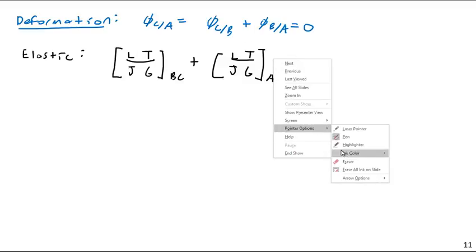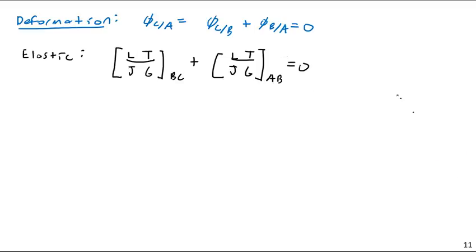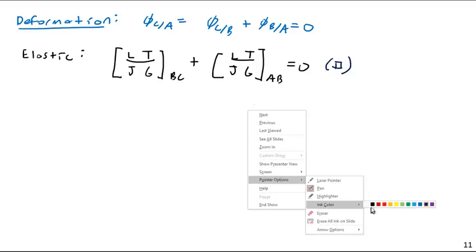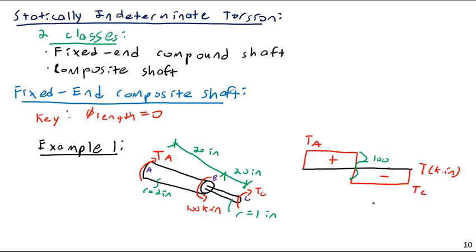Equation 1 I'll derive in a bit. Doing things a little backwards. This is equation 2, just for fun. Actually, let me go back here and do a few equations based off of this. Sum of torques is equal to 0. So TA minus 100 plus TC equals 0.